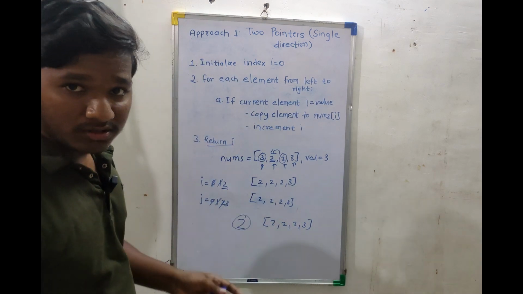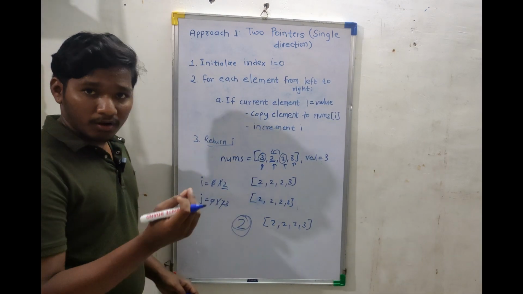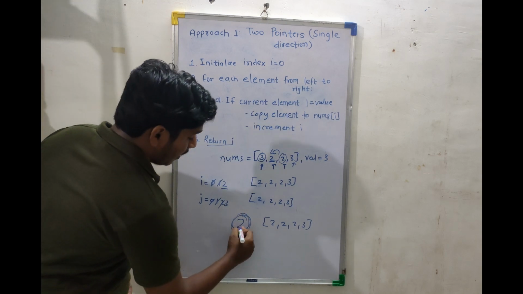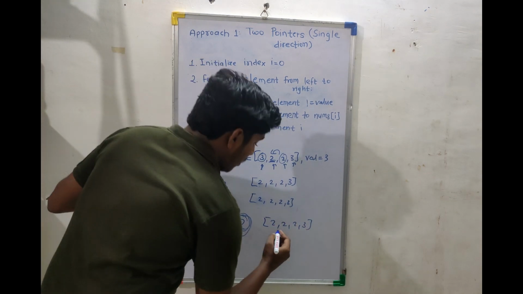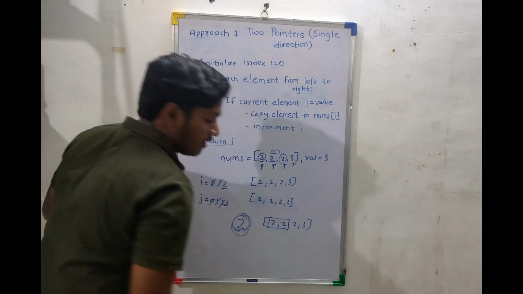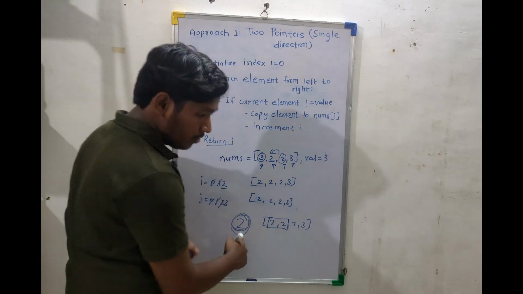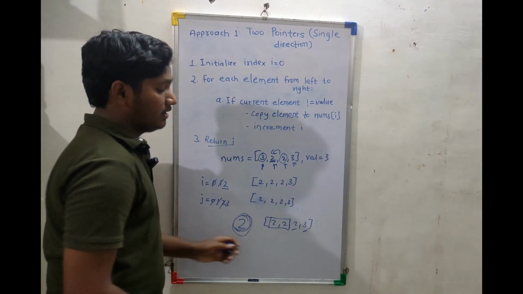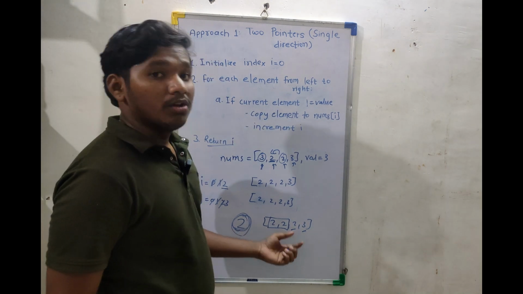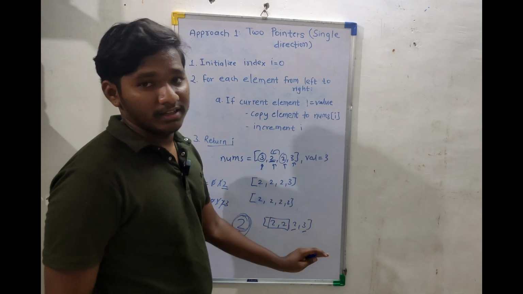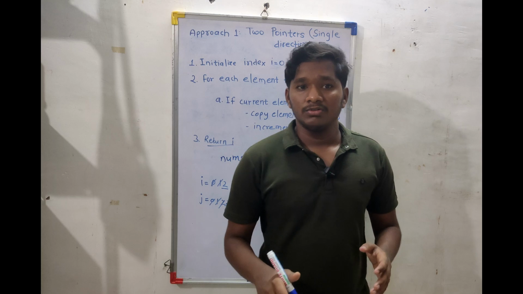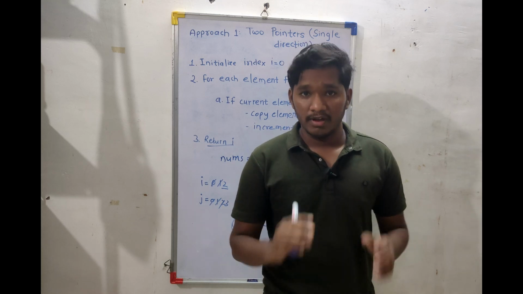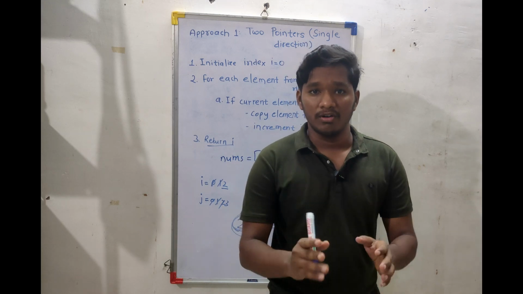But there is a clause in this question: only the number of elements which we return are considered. That means only these two elements are considered as we return 2, and the rest are like underscore and are not taken into consideration, so they could be any value. This approach has time complexity of order n and space complexity of order 1.